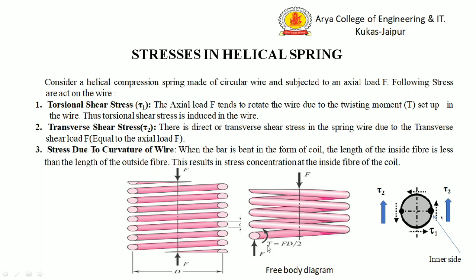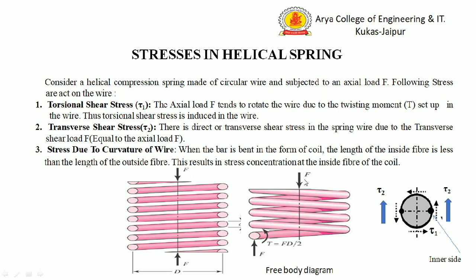So, twisting moment T is equal to F d by 2. This twisting moment T produces a torsional shear stress tau 1 as shown in this diagram. So this is the first effect of this axial force F.